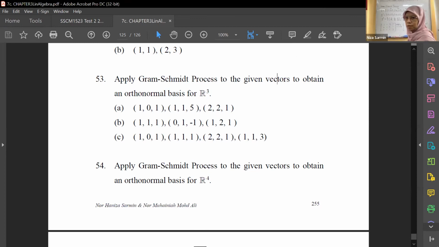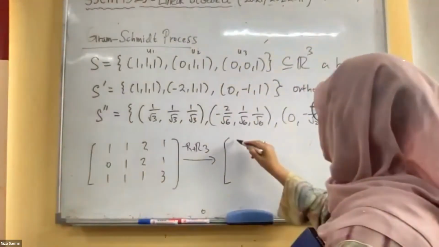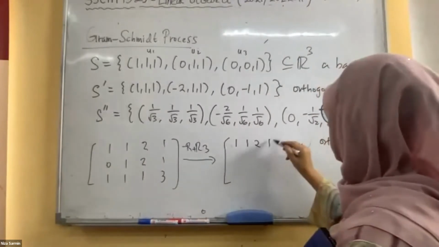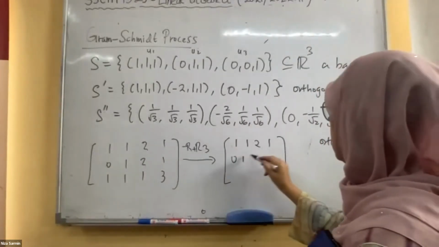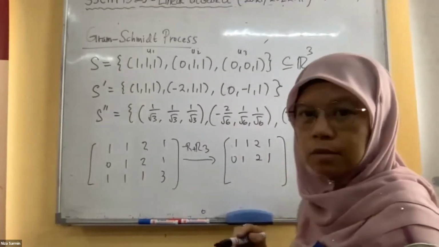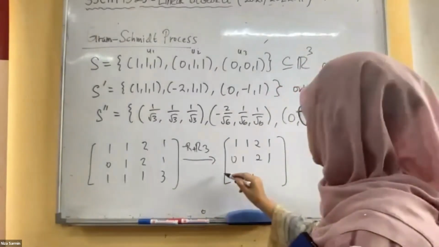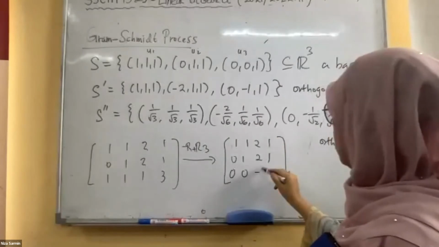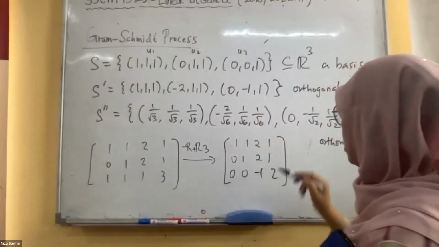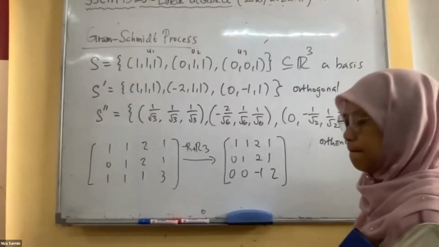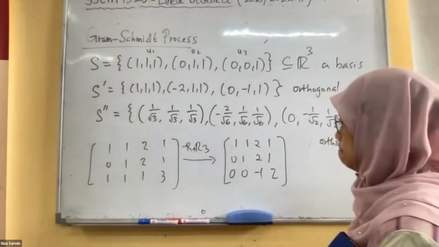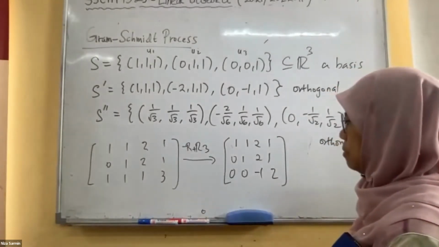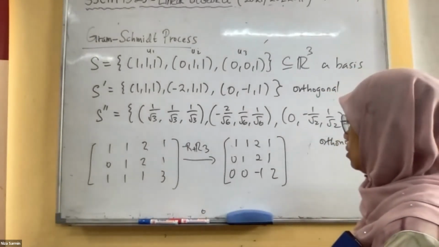You can stop sharing for a moment if you can't see. Negative row 1 plus row 3, 0, 0, negative 1, 2.